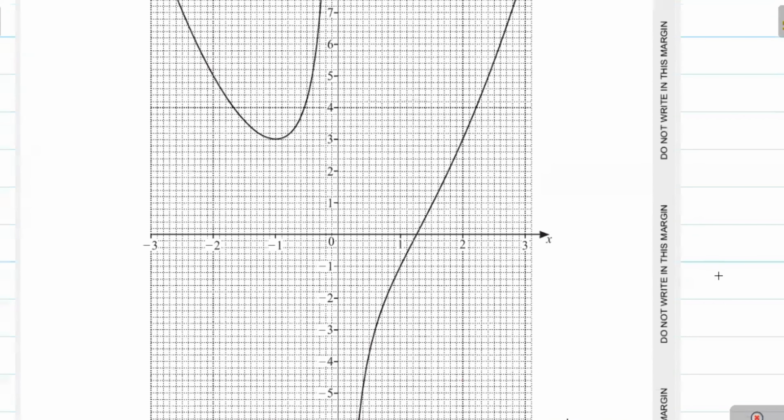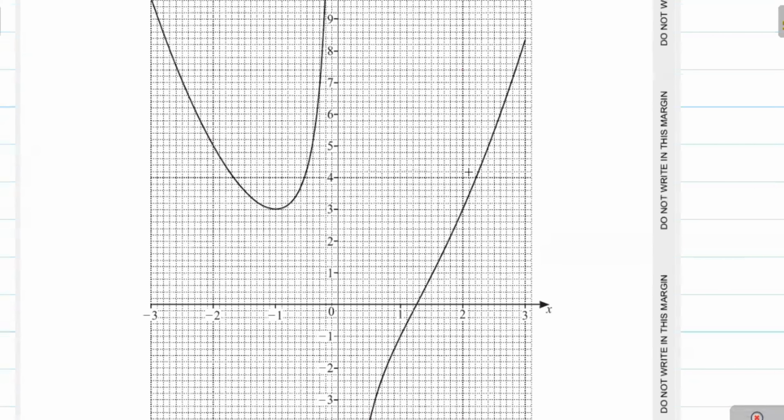This straight line will pass through the x-axis at x equal to 2, and this straight line is parallel to the y-axis.